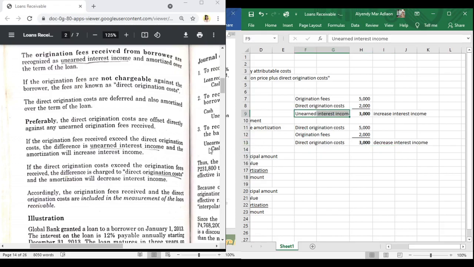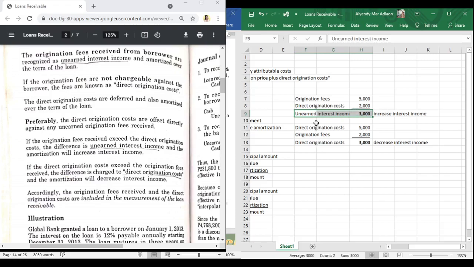But here in loans receivable, it is different. Because here in loans receivable, aside from the unearned interest income, the borrowers still have additional interest to pay. So meaning, we have two sources of interest income. First is the interest income stated in our contract, which the borrower pays, and second is the interest income coming from the unearned interest income here.